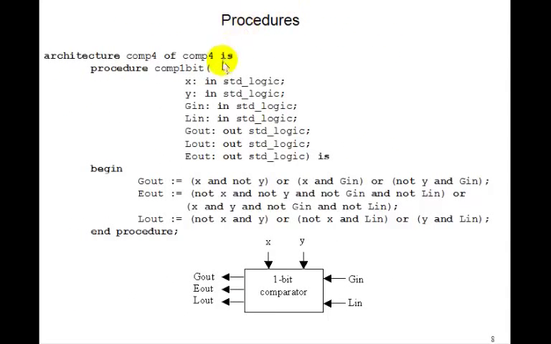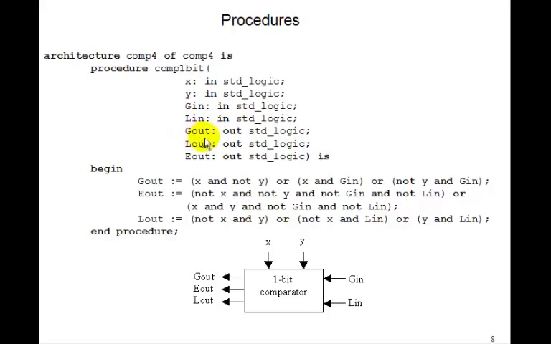In the architecture, after the word is and before the begin of the architecture, where you normally put your component declarations, we're going to put the word procedure comp 1-bit. So we're defining this 1-bit comparator that we designed. The inputs are X, Y, G in, and L in. Those are of type standard logic, single bits.